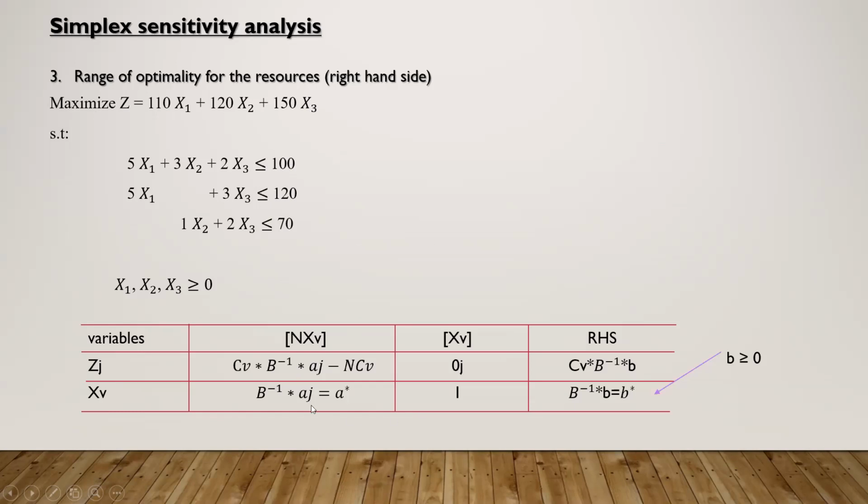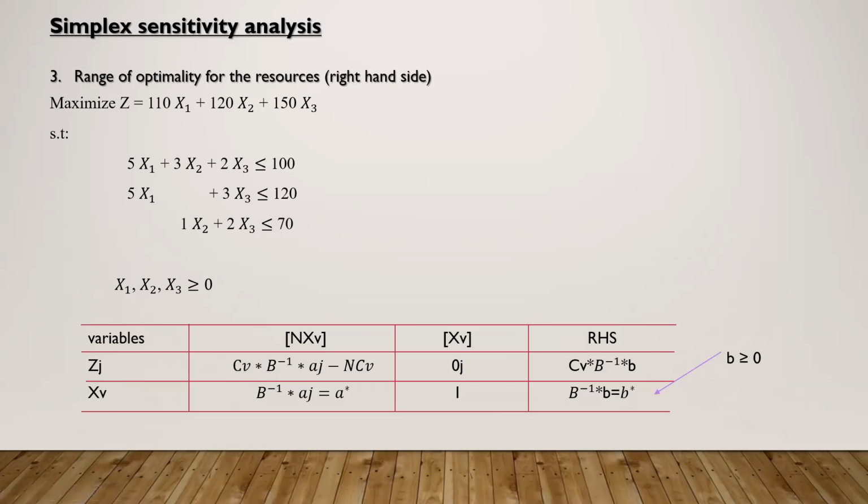So when we look at this matrix again, the only thing that can control the right-hand side is this part over here. So B inverse by b should always be more or equal to 0, regardless of which iteration you are in. So I don't use this governing equation right now. I'm using this instead for the right-hand side.